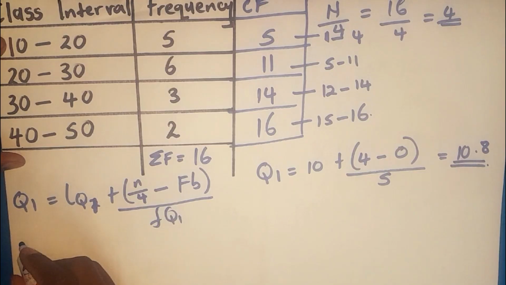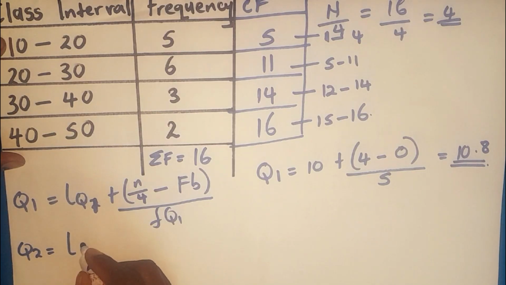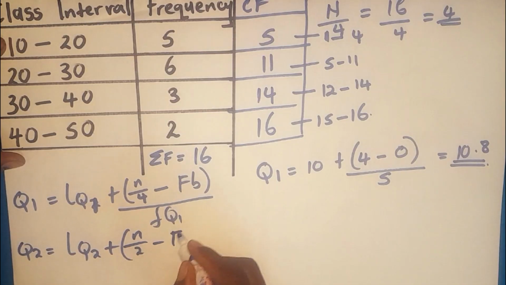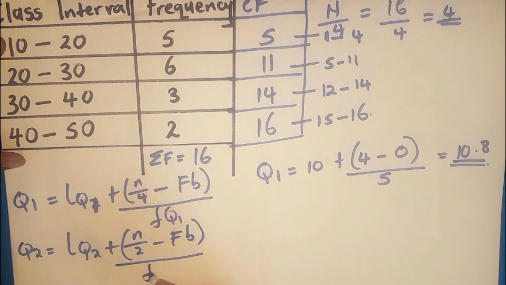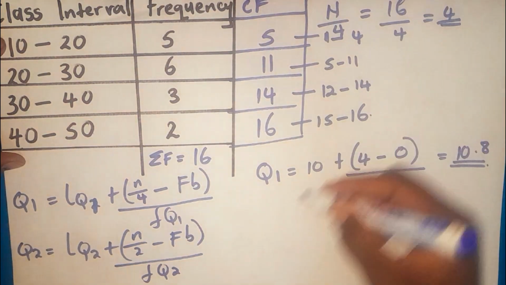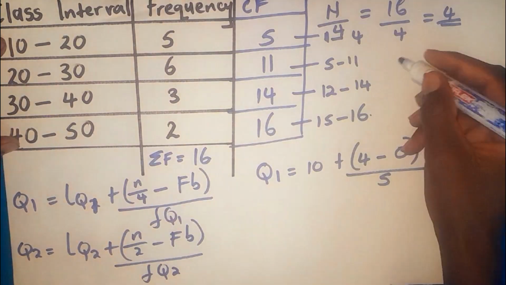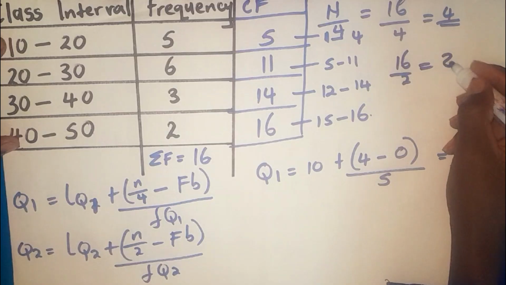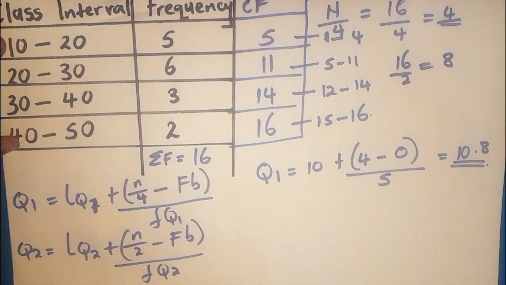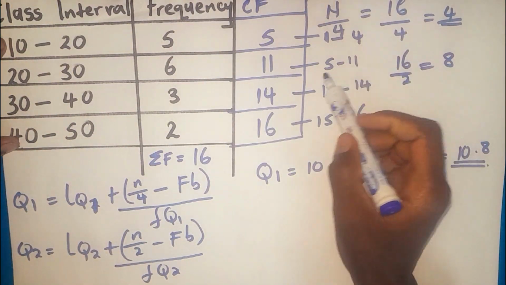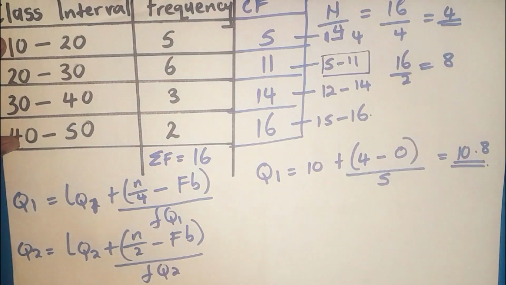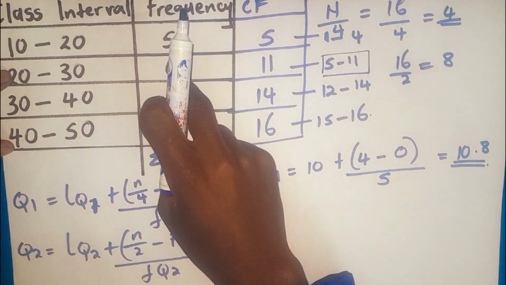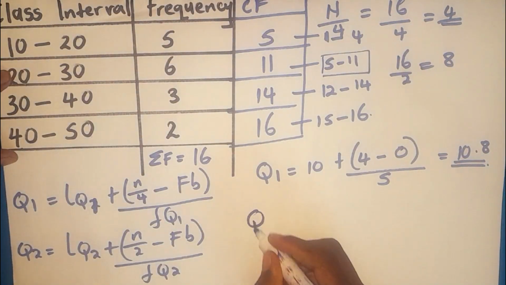Let us look at the second quartile class. The second quartile is equal to the lower boundary of the second quartile class plus n over 2 minus FB, over FQ2. Now we need to find the location of the second quartile class. 16 divided by 2 gives us 8. So it is located where we have 5 to 8 to 11, meaning our second quartile class is here.